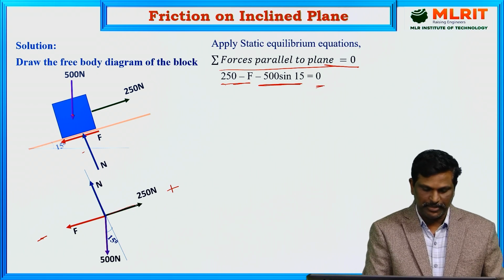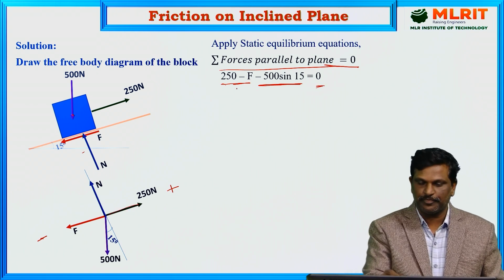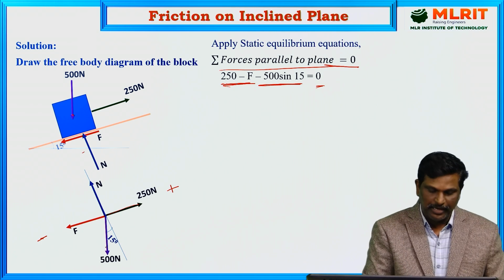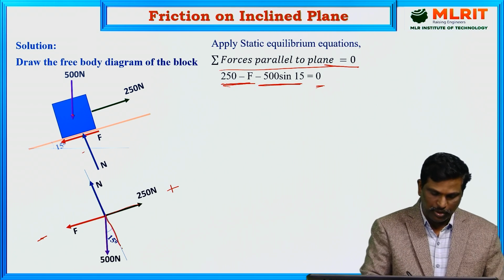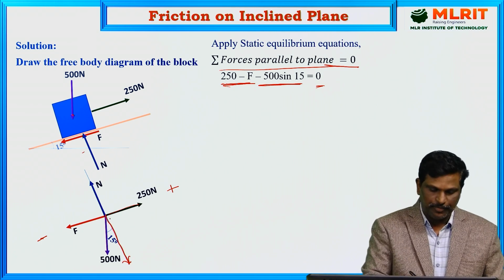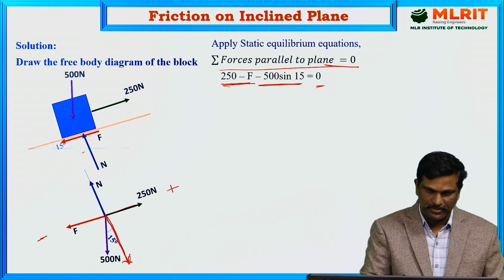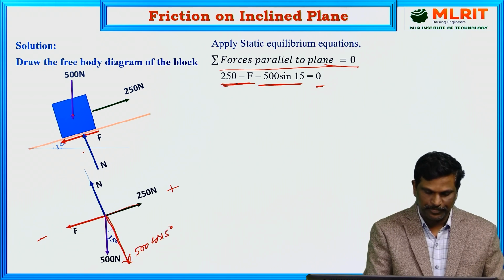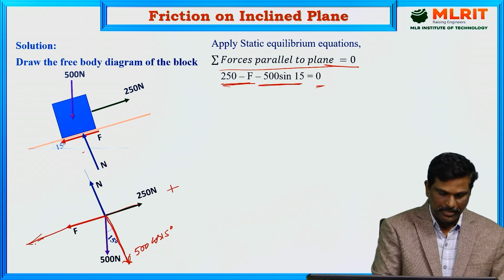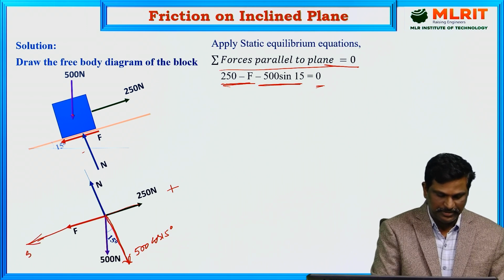250 is parallel to the plane, friction is also parallel to the plane in the opposite direction, and we are resolving the weight into two components. Here the perpendicular to the plane component is 500 cos 15, and the parallel to the plane component of weight is 500 sin 15.